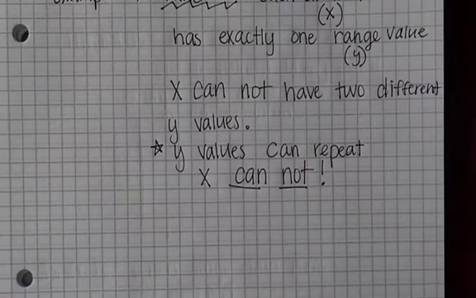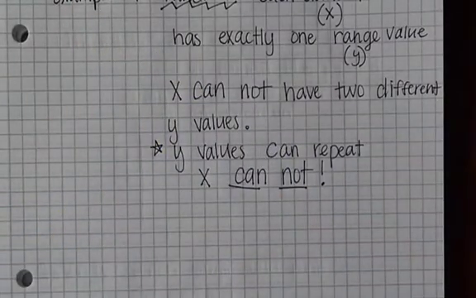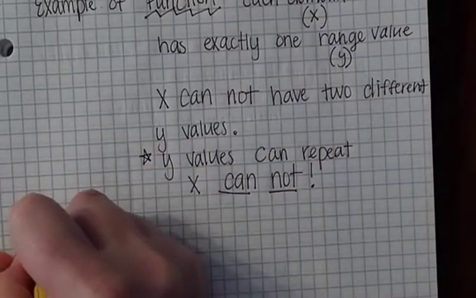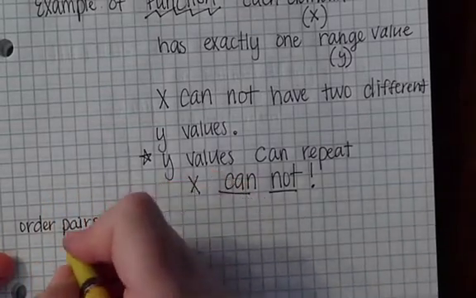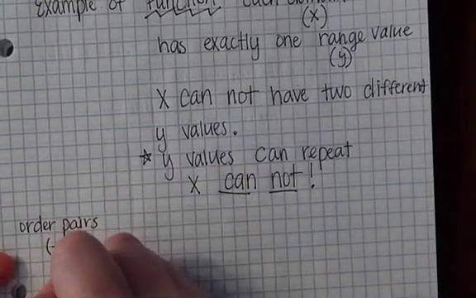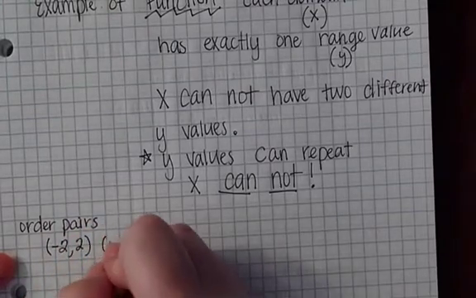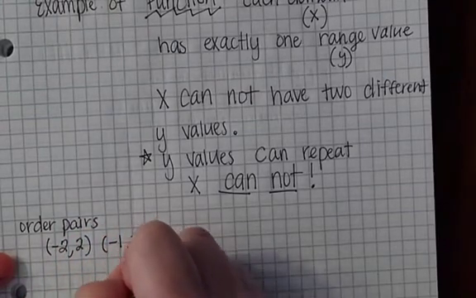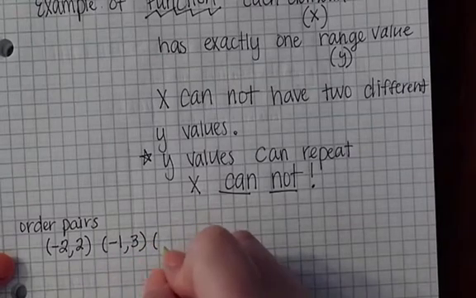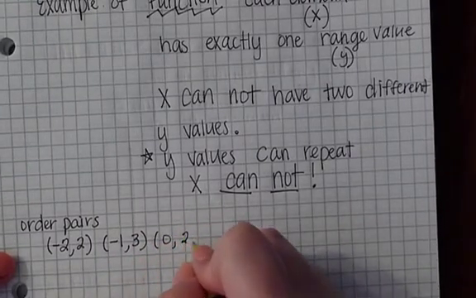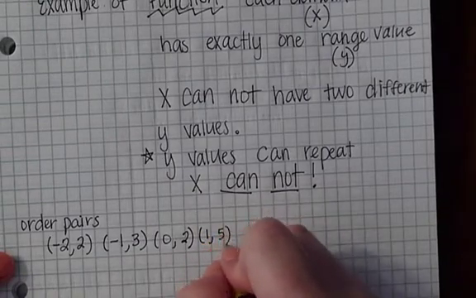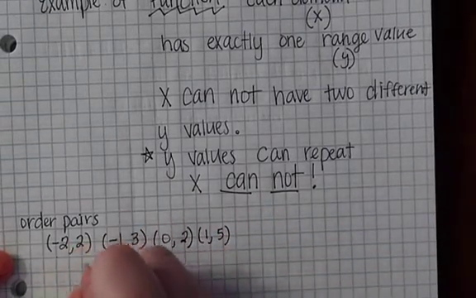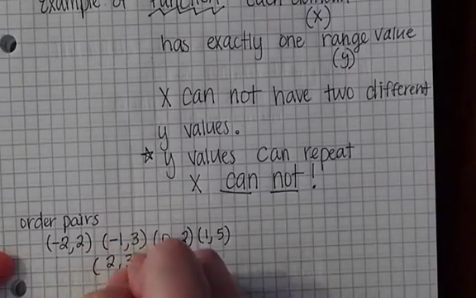Okay, so let's look at an example of a function. So if we were doing ordered pairs, and I had the points -2, 2, -1, 3, 0, 2, 1, 5, and 2, 3.